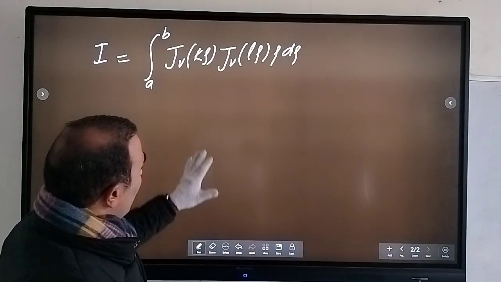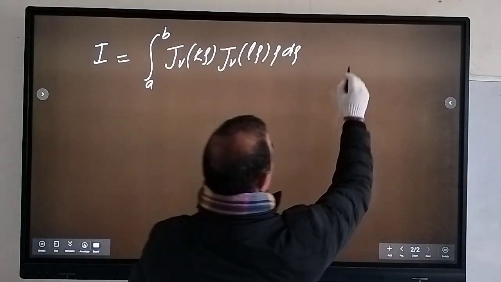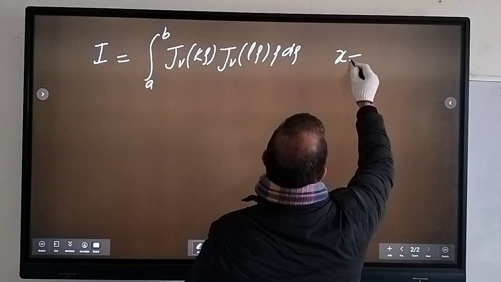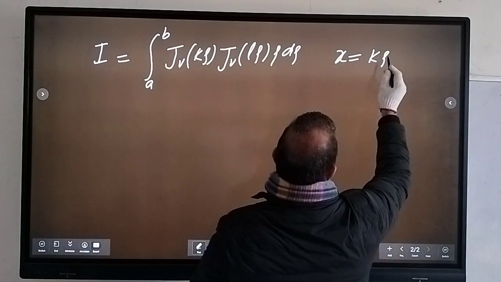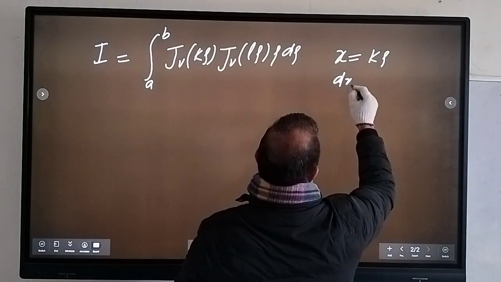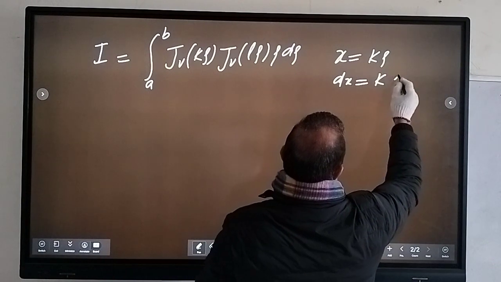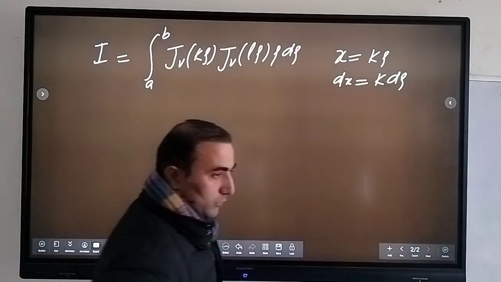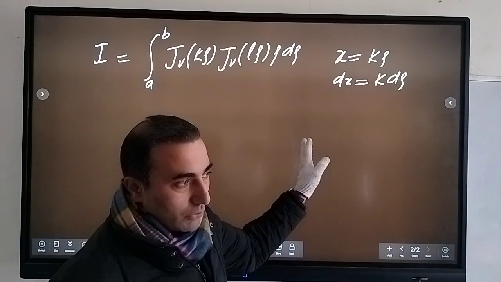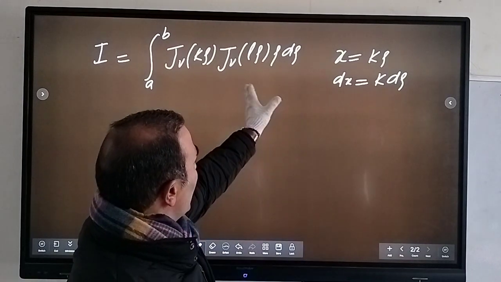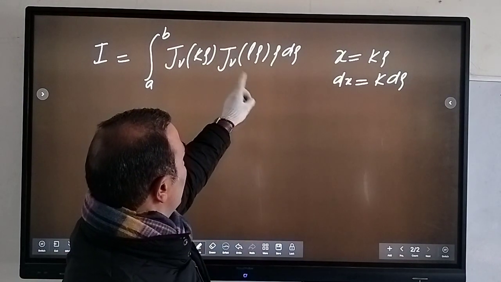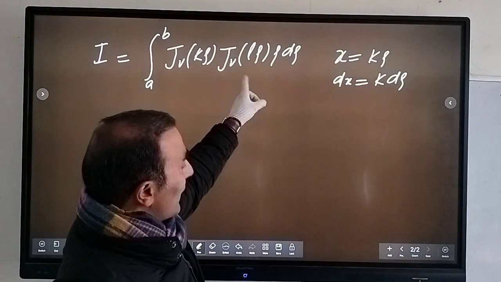Now let us make a substitution here. Let us put x equal to k rho, and dx will be equal to k d rho, right? So we do the substitution putting x equal to k rho here, because here k equals l, right?